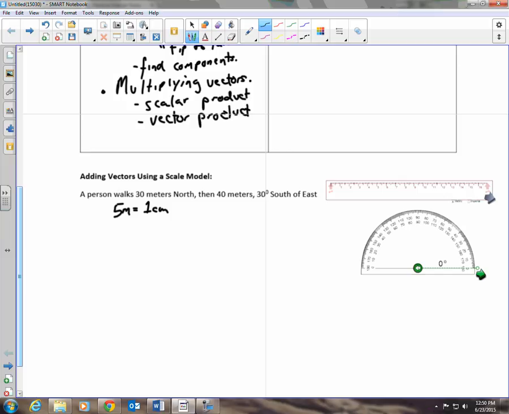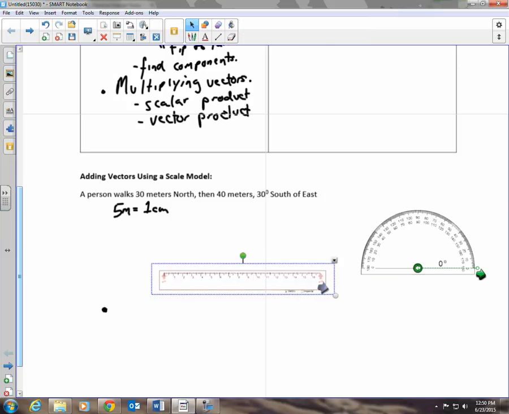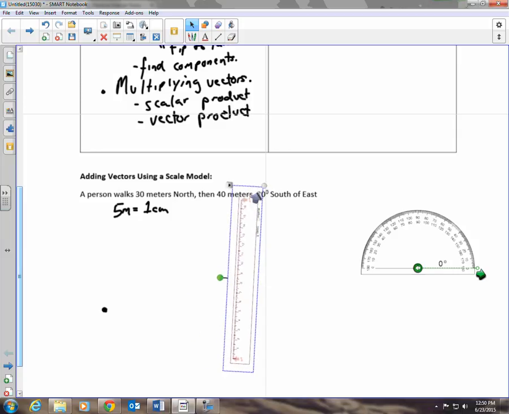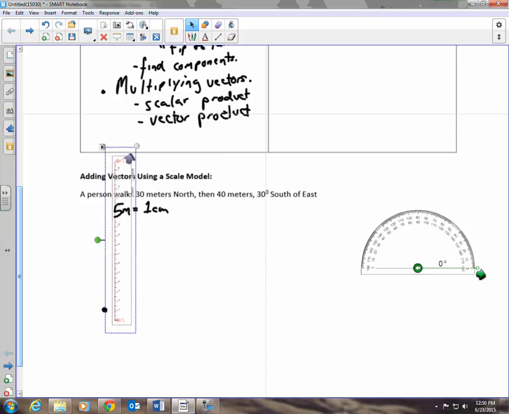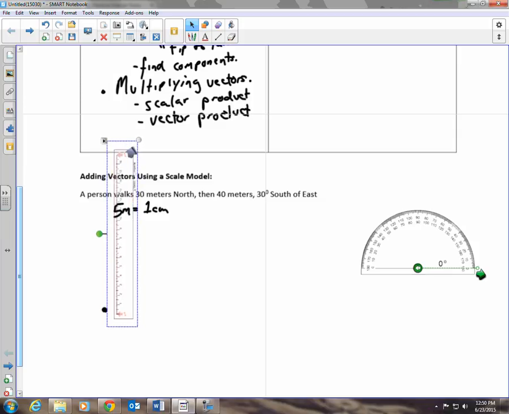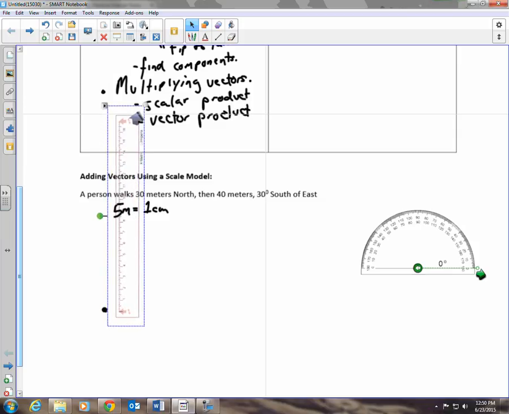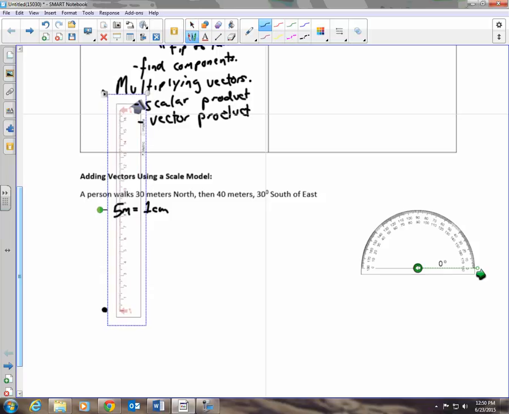So I'm going to start down here someplace, and I'm going to just grab my ruler. I'm going to spin this around. I'm going to draw a line that's 6 centimeters long, starting from there. So 6 centimeters is going to take me to here.